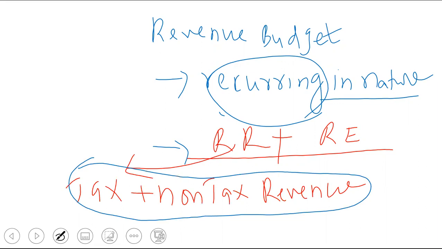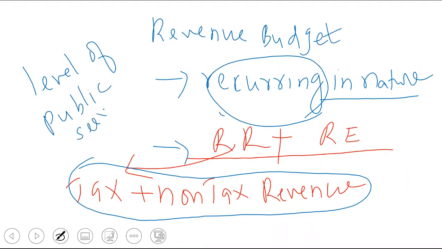Revenue expenditure is the expenditure for maintaining the existing level of public services.